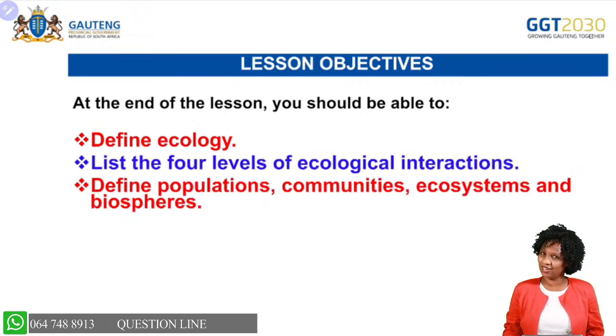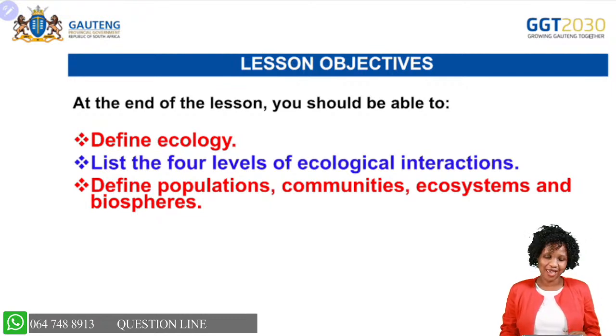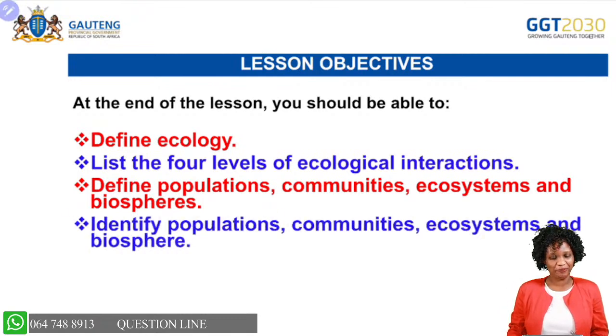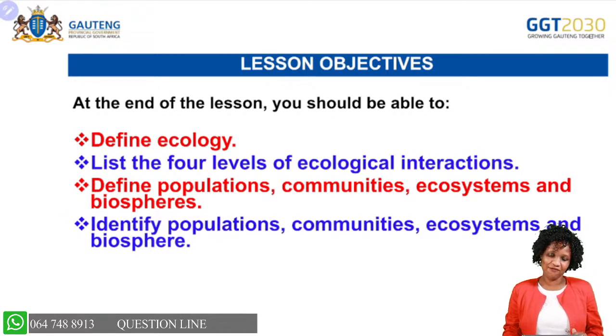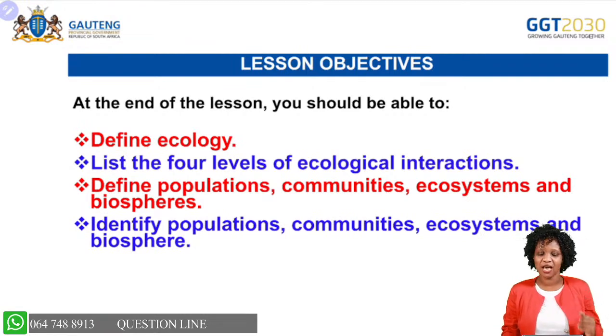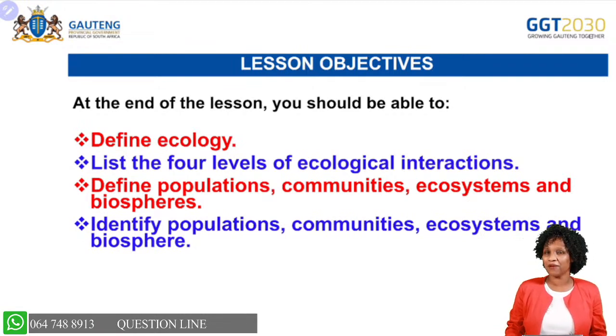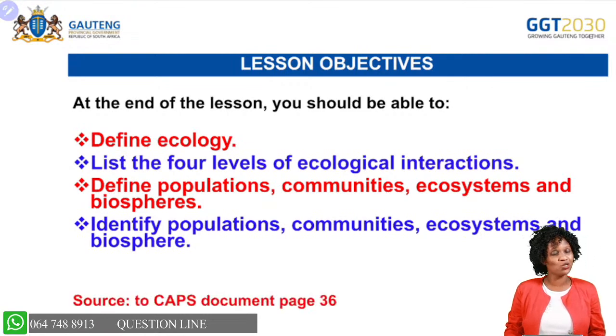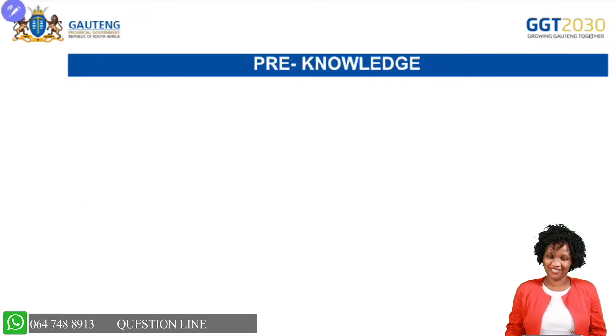That's our second objective. And then our third objective, we are going to define populations, communities, ecosystems, and biospheres. And then the fourth one, we are going to identify population, communities, ecosystems, and biosphere. And we get all this from the CAPS document, page 36.